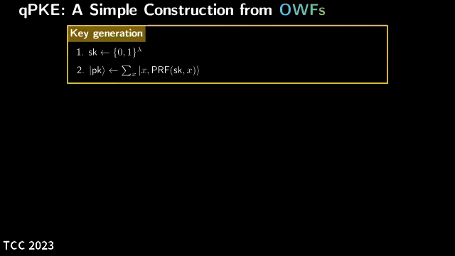For the first one, from the one-way function, the key generation is simply that the secret key is a PIF key, and the public key is a uniform superposition of the evaluation of the PIF under the SK.